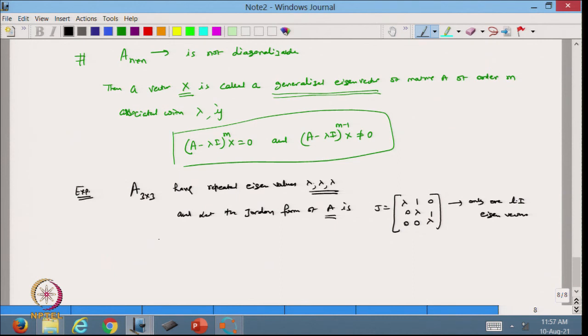Now, what I am going to do is that from here suppose I get my matrix P. So, P is made up of suppose the eigenvectors x1, x2, x3. Of course, they are generalized eigenvectors.